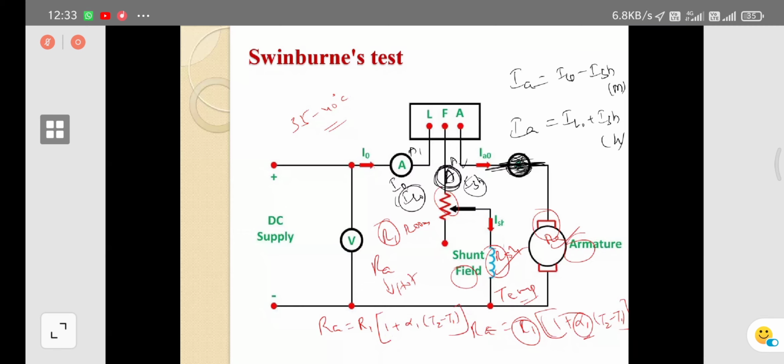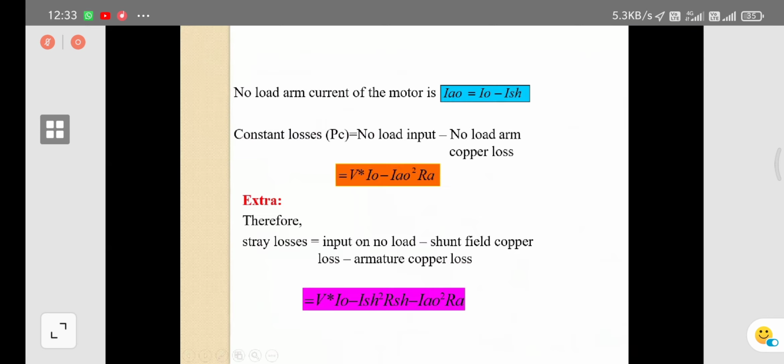Have you understood or not? Okay. Next, from this we are going to find out the supply voltage.